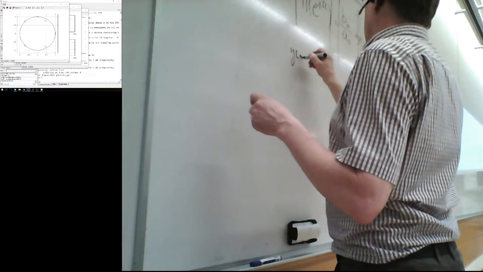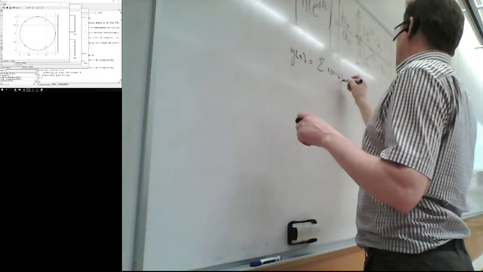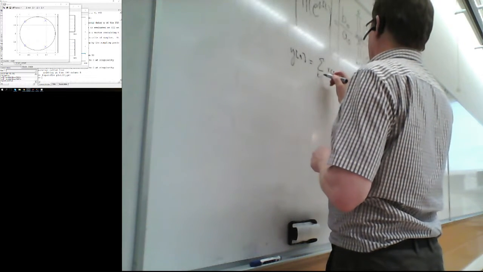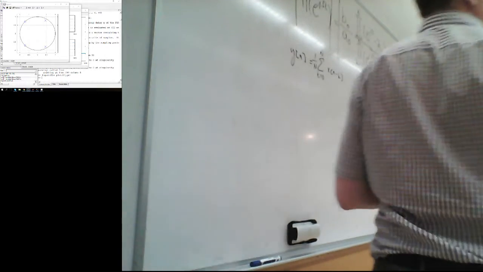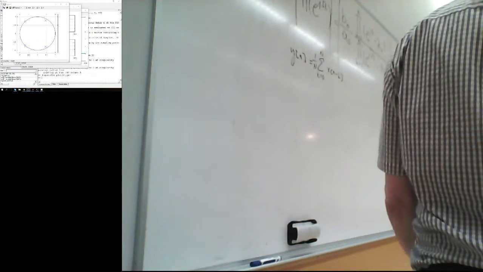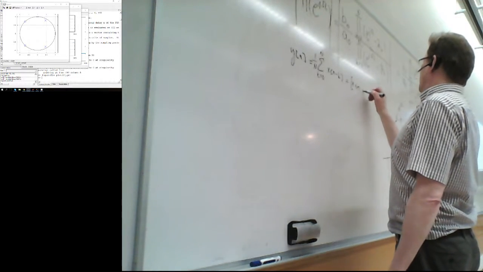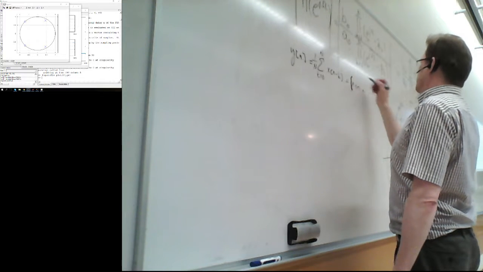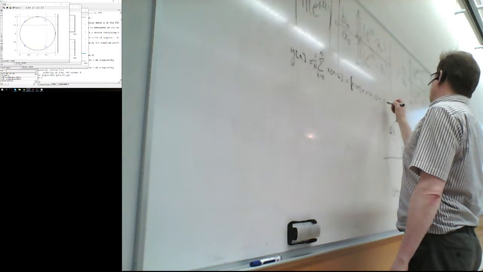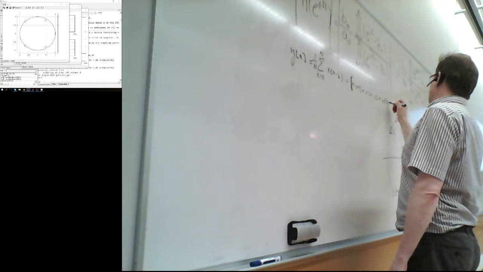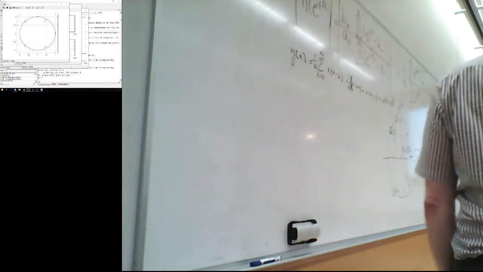So y[n] equals the sum of x[n minus k], from k from 0 to N, and then you put 1 over N here. Okay, that's the running average, meaning that you take x[n] plus x[n minus 1] plus and so on plus x[n minus N], and divided by N.